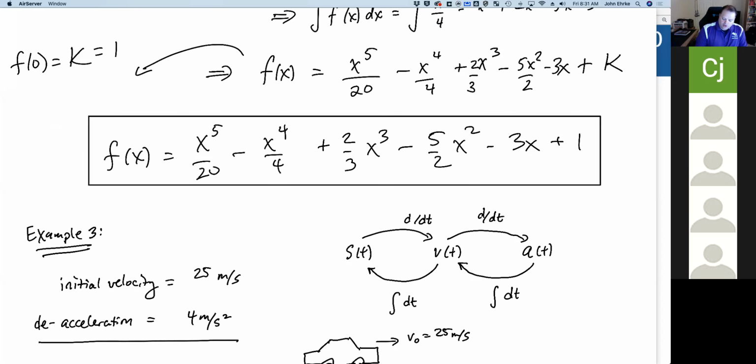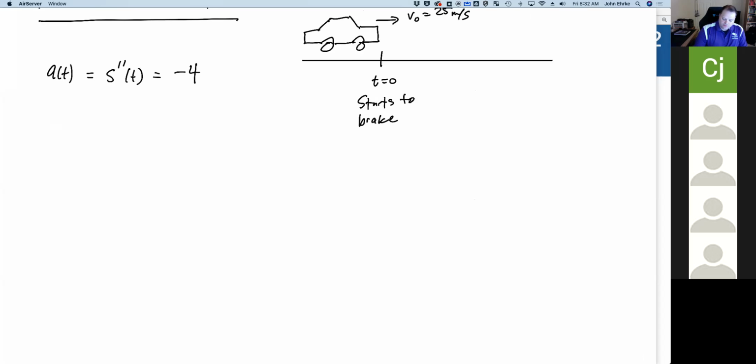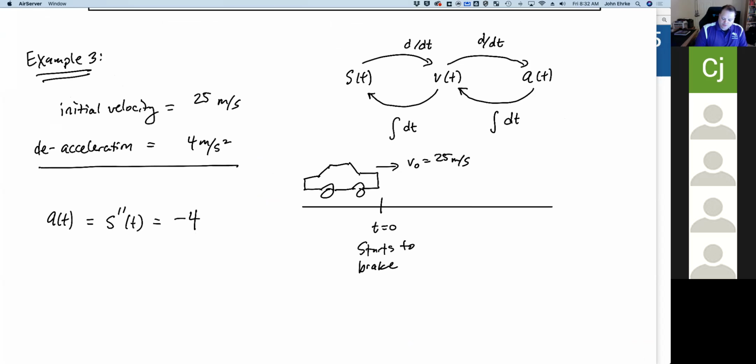At time equal to 0, position 0. So S at 0 is 0. I'm going to say its position is 0 here. And by the time it gets over here, T end, the car has stopped. We're going to want to figure out what the position is at this point, because that's the amount of distance that it took to brake. So that's the idea for this problem.